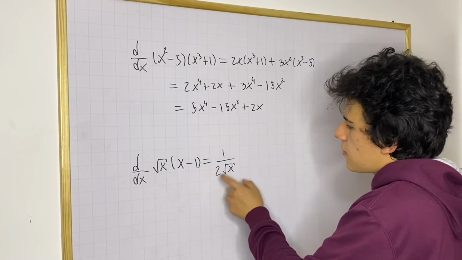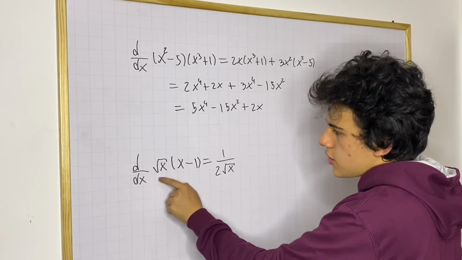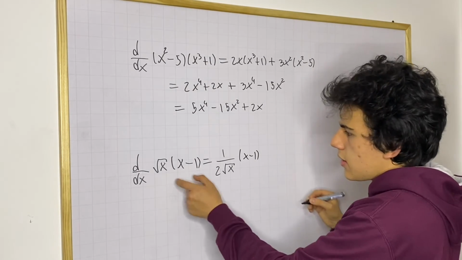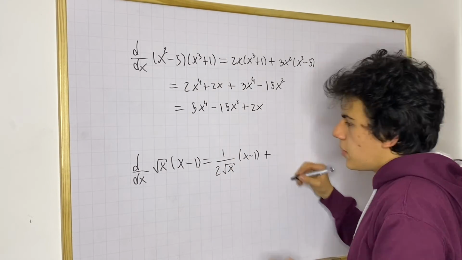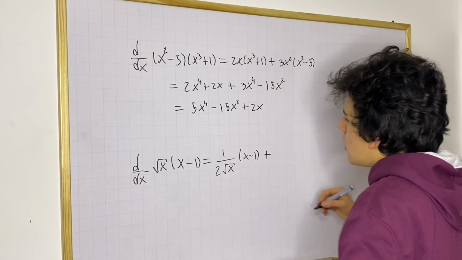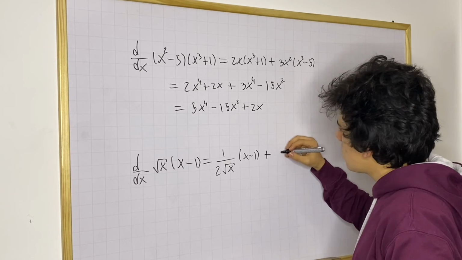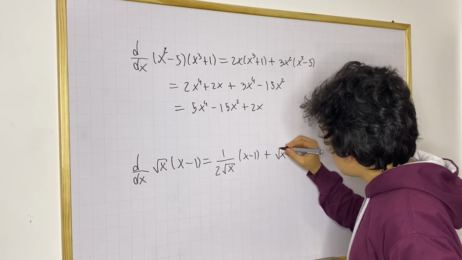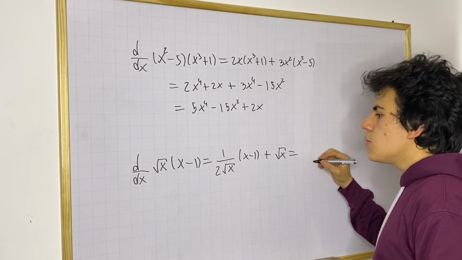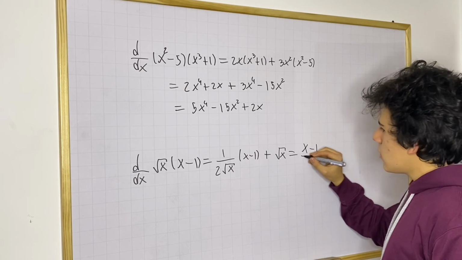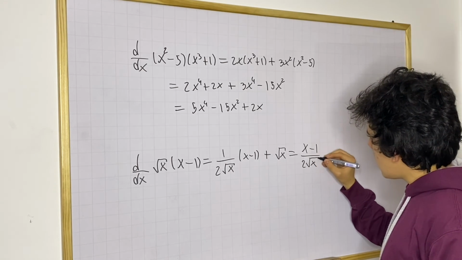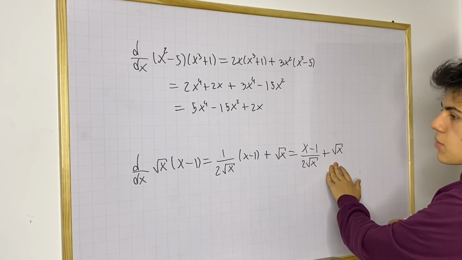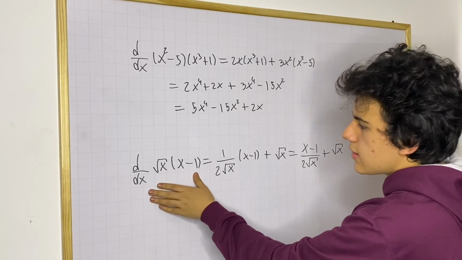Now the derivative of this times the second term, don't do anything to it, plus the derivative of the second term times your first term. The derivative of x minus 1 is just 1, so you have 1 times your initial term, which gives you square root x. Now this is equal to x minus 1 over 2 square root x plus square root x. This is the derivative for this function right there.